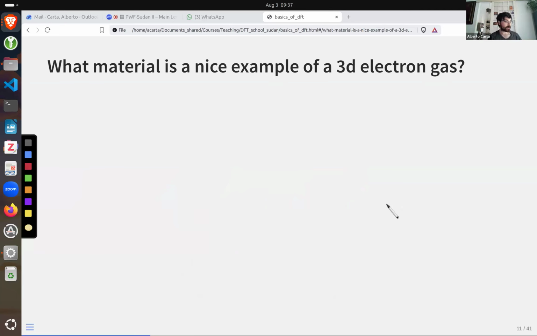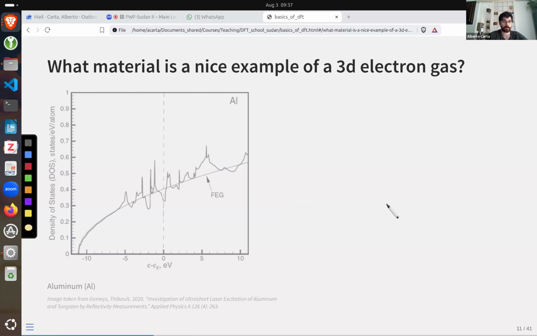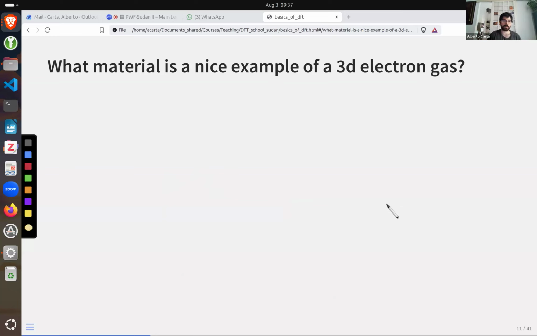So now the question that I might want to ask the class is what materials you might think of as nice examples of 3D electron gases. If you have any feeling for the thing that we just derived, where do you think this kind of physics will be visible?